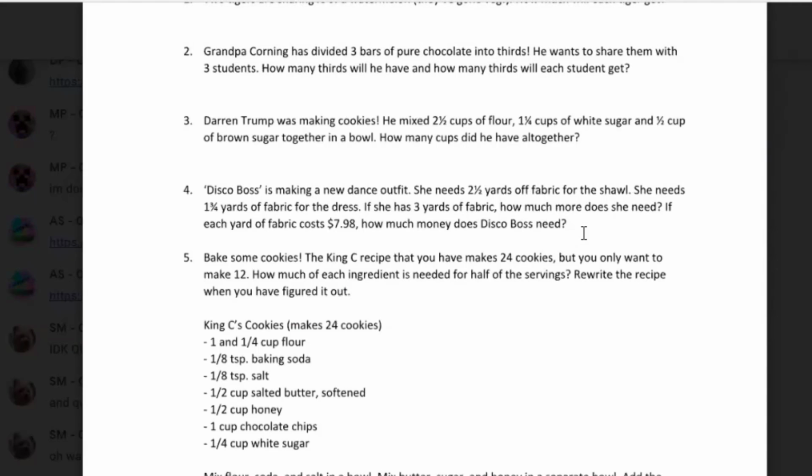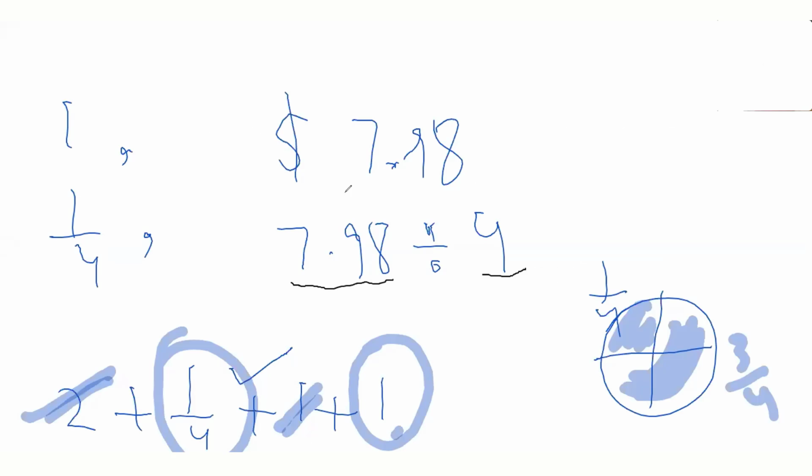For 1 yard, it's $7.98. You have to figure out the cost for 1/4, and then we have to add that amount into 7.98. So 7.98 divided by 4. If it was 8, 8 divided by 4 would be 2. It's pretty easy, right?